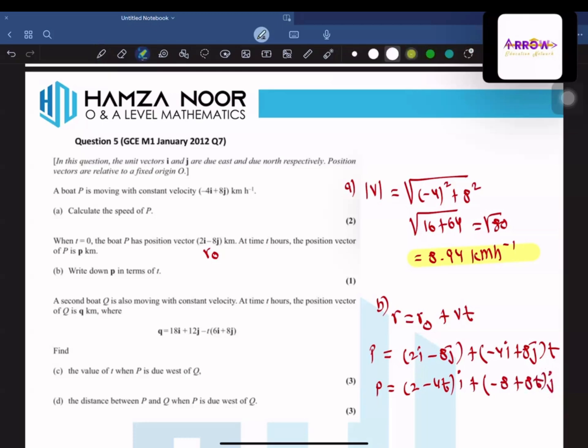You leave your answer in this form. It's highly recommended to do so because in the further parts you would need this particular form, where you have identified the coefficient of i and the coefficient of j. So i component is 2 minus 4t and j component is minus 8 plus 8t. Now let's move on to the next part.